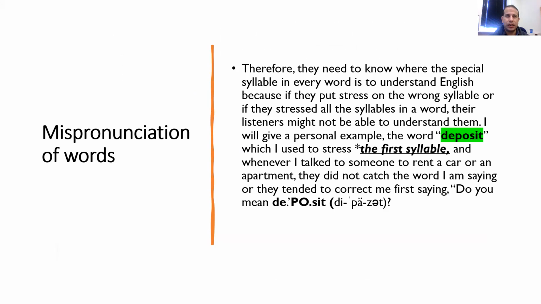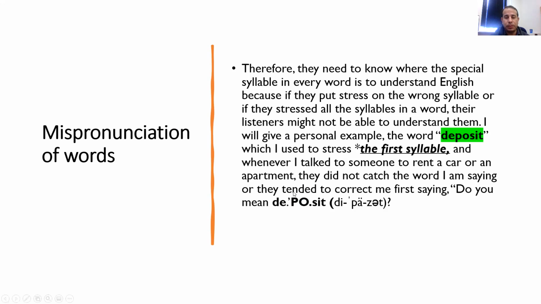A lot of people were saying, okay, what? What do you mean by deposit? The problem was I stressed the wrong syllable. The stress is on the second syllable, not the first one. It was supposed to be "deposit", just like this.